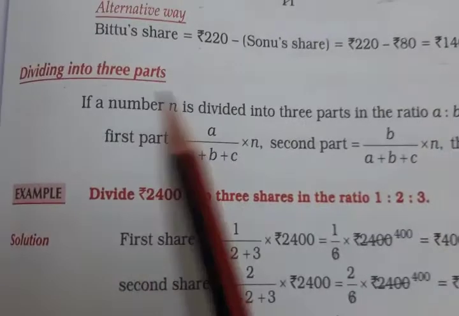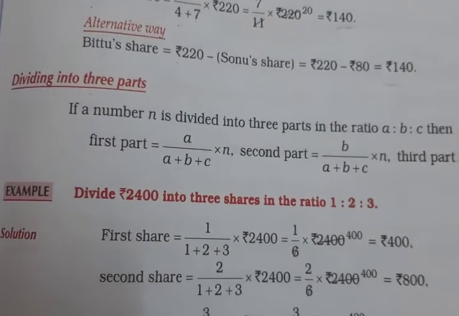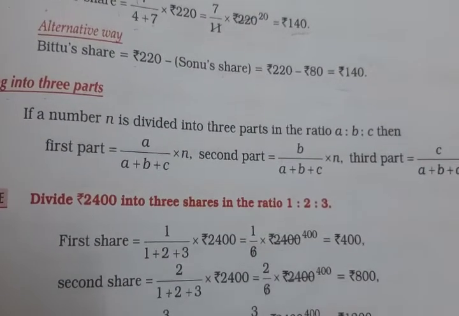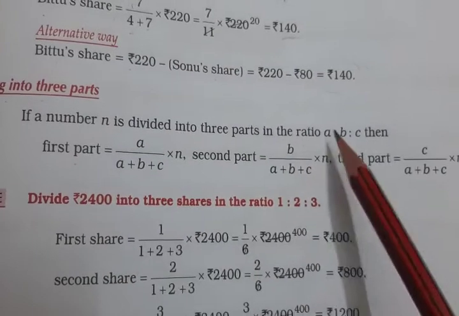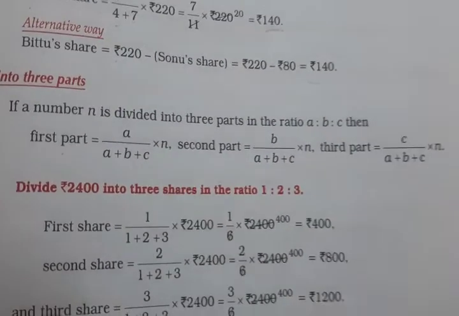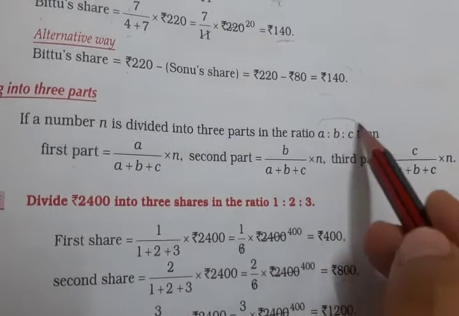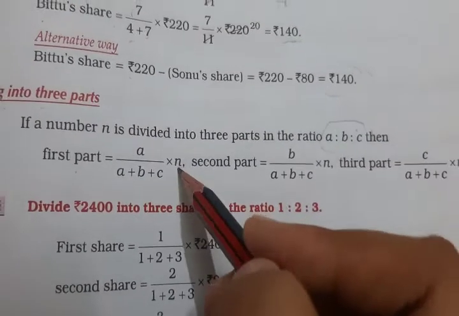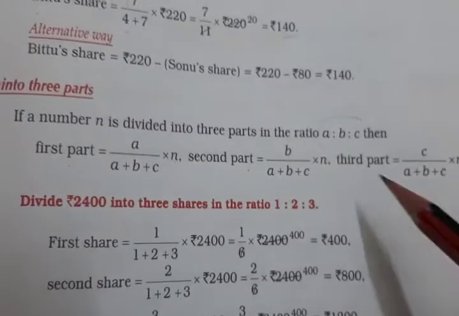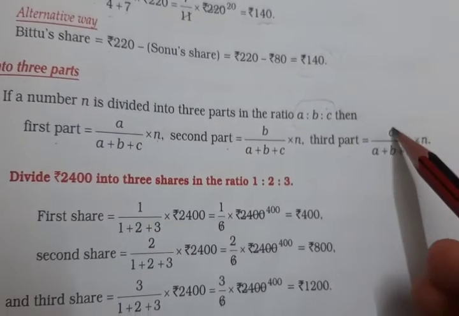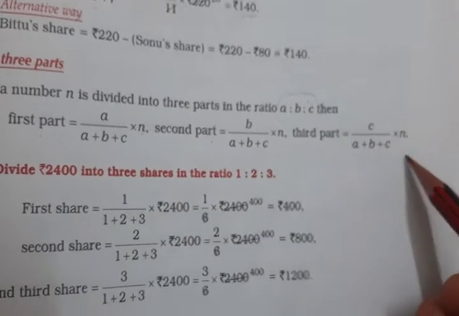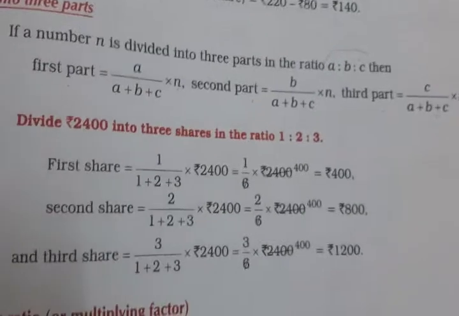Dividing into 3 parts. Now in the 3 parts, what we will do is same as it is, but there is one change. First part we will find as a divided by the sum of these 3 ratios, into n as it is. Second part as it is. In the third part, that is c by a plus b plus c, into n. Understand?